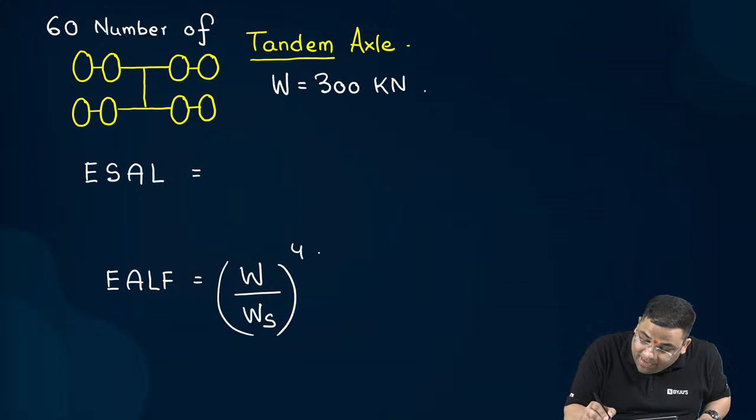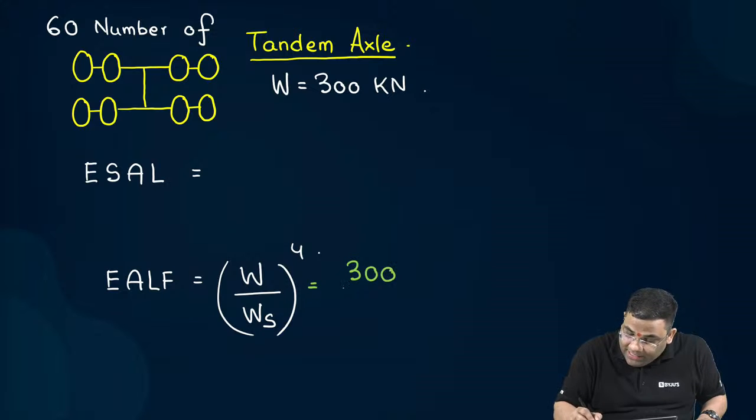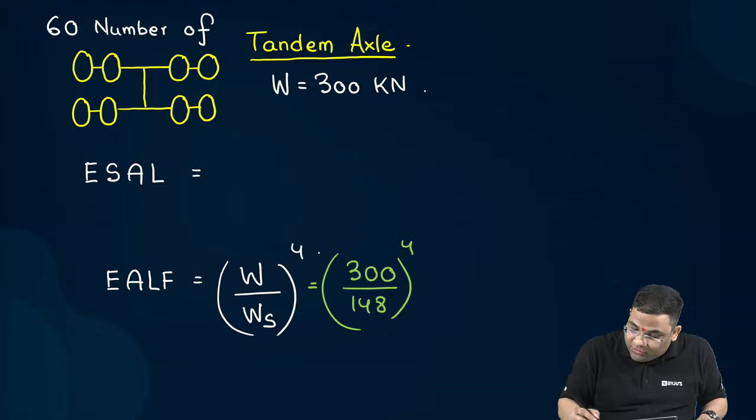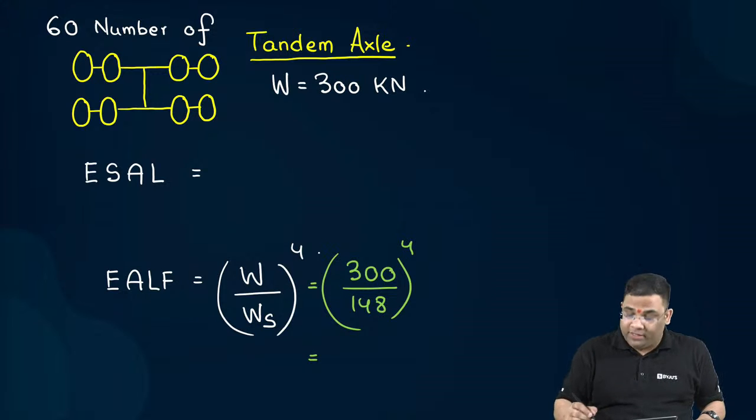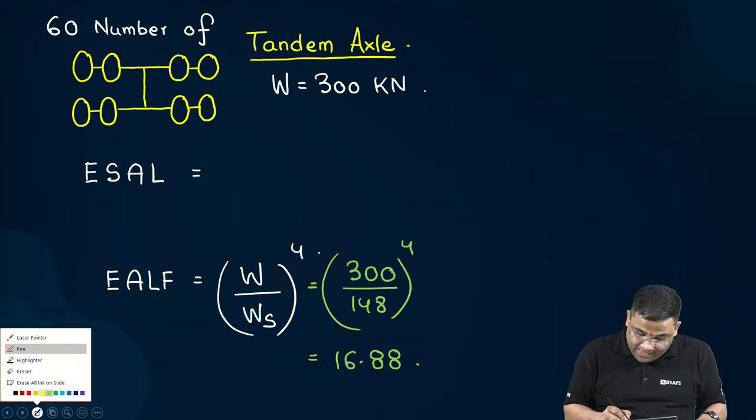This is a tandem axle. So I will use 300 divided by 148 to the power 4. If you calculate, you are getting 16.88. This is the equivalent axle load factor, right?